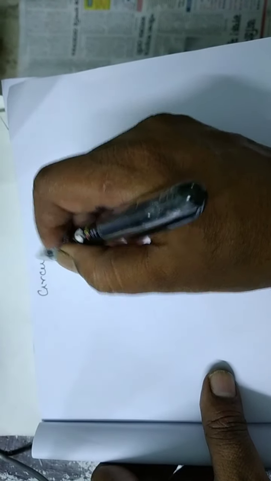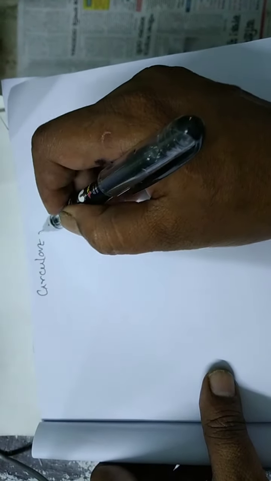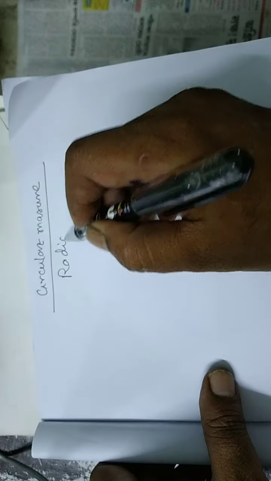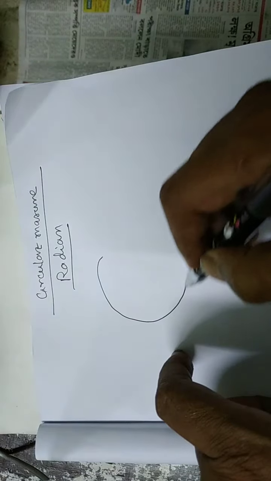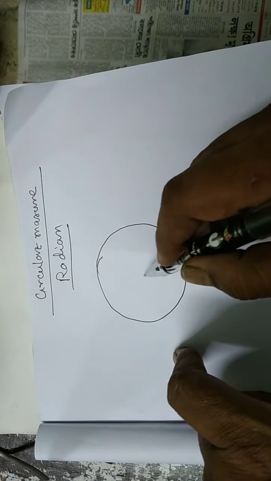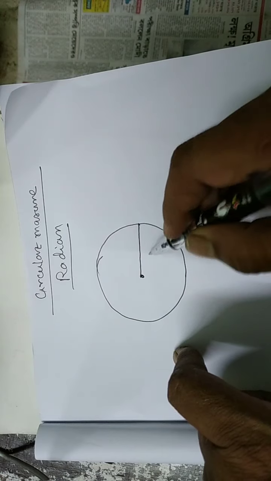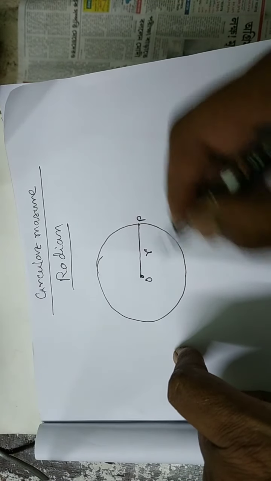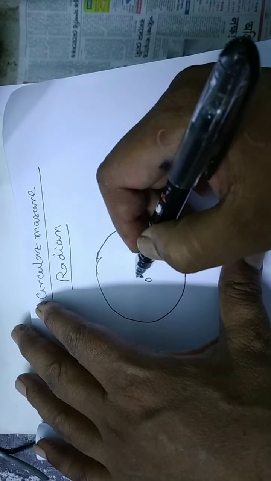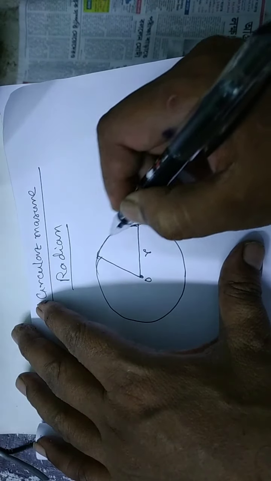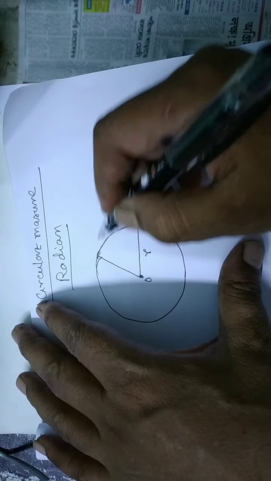This is known as radian or circular measure. This is most important, circular measure, which is known as radian. What is circular measure or radian? Now if this is a circle and this is the radius of the circle r, OP, you just move in anti-clockwise direction as much as the circular path becomes r.